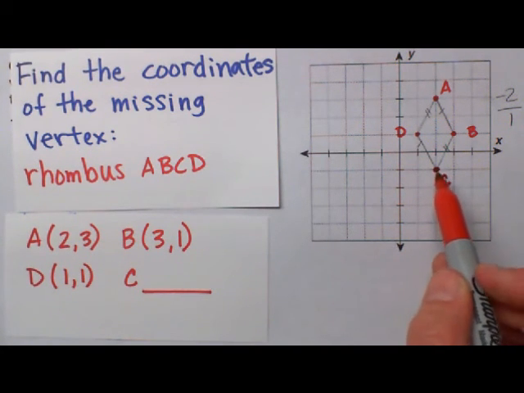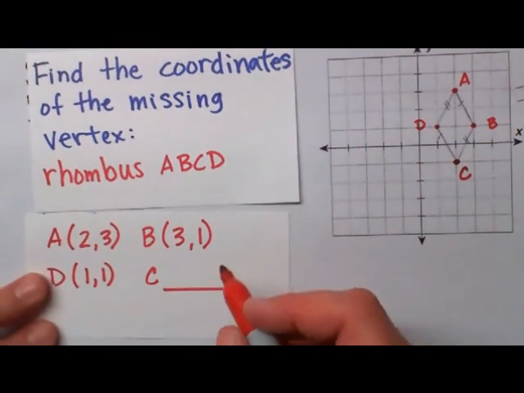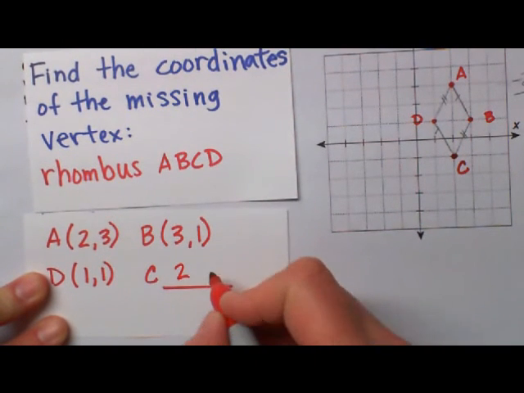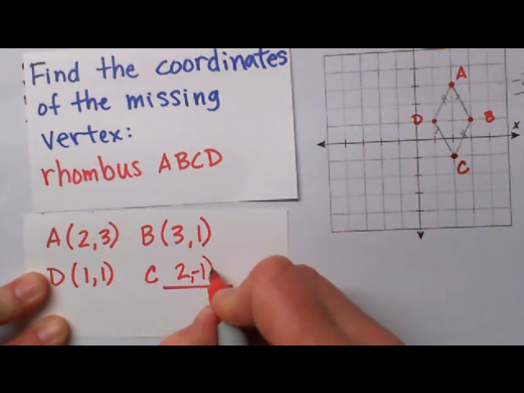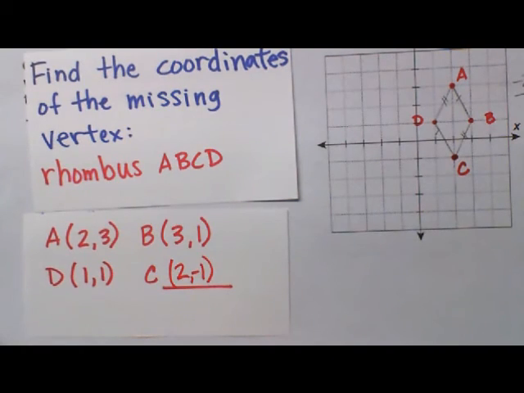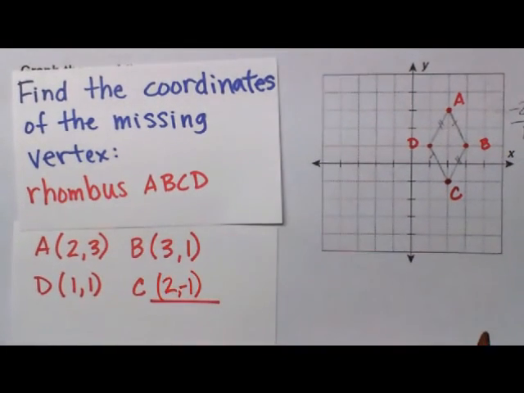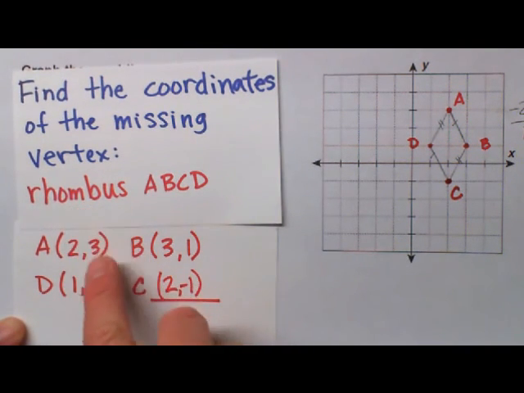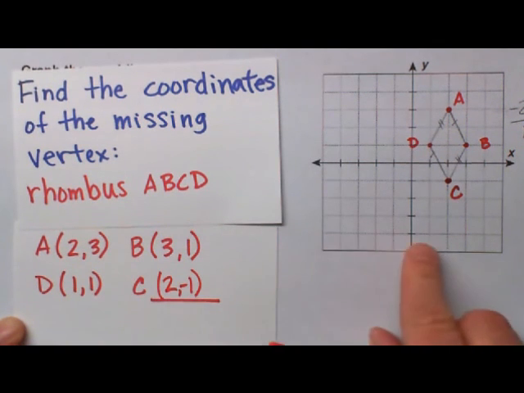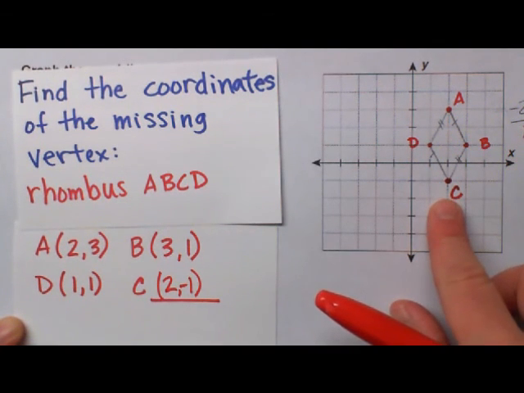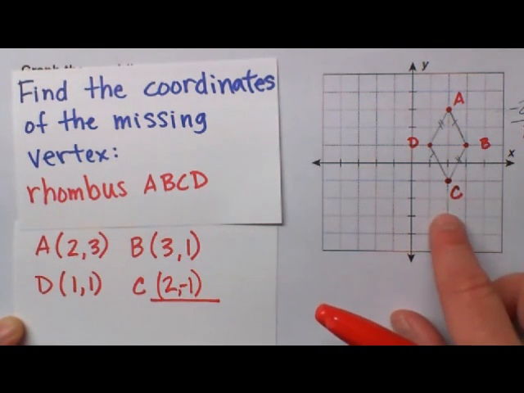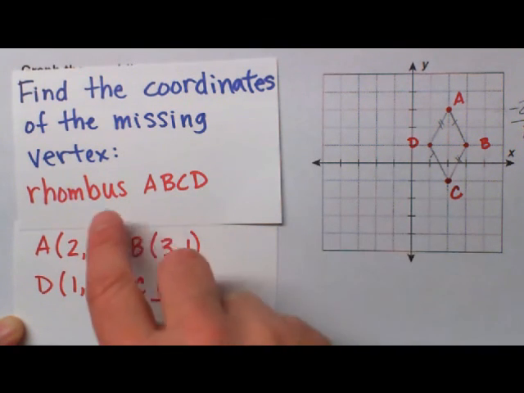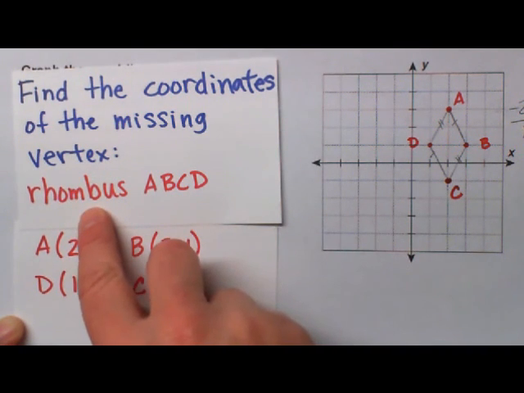So the ordered pair is 2, negative 1. And that's all you do. Follow the clues that you're given from the quadrilateral that you're given. Plot your points. Over here on the graph, plot your points, and find out where you'd have to put that last point to obey the rules of the shape that you're given.